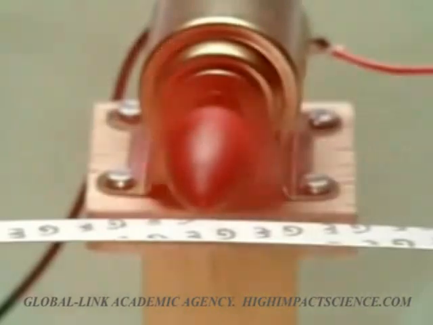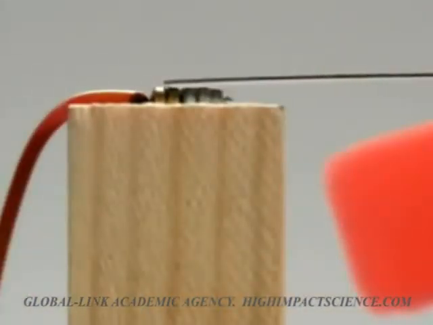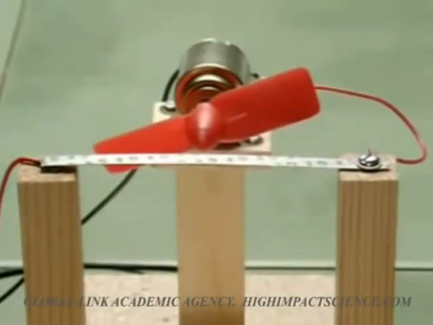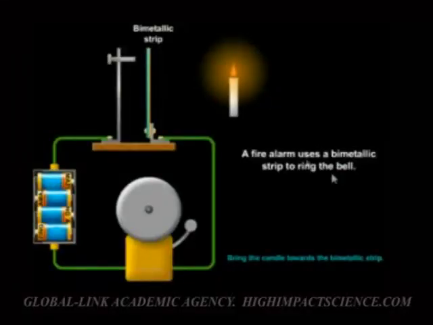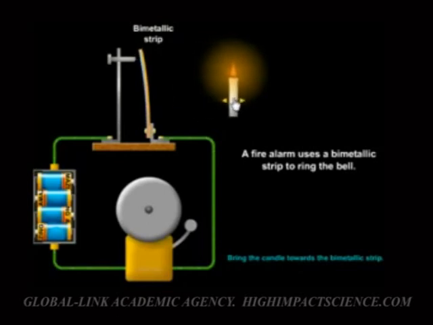The fan then rotates, cooling the strip, which then bends upwards, breaking the circuit, and so on. The same happens in a fire alarm. The heat causes bending of the bimetallic strip, completing the circuit, and the alarm rings.